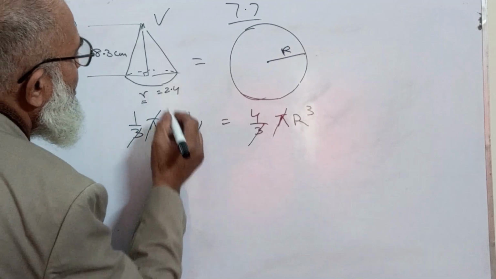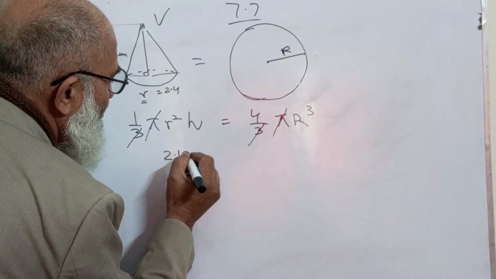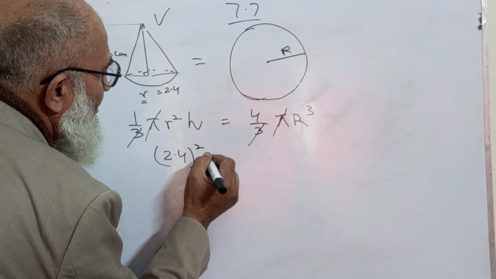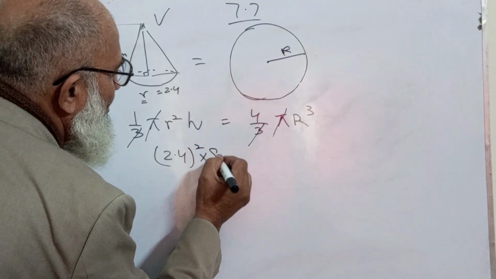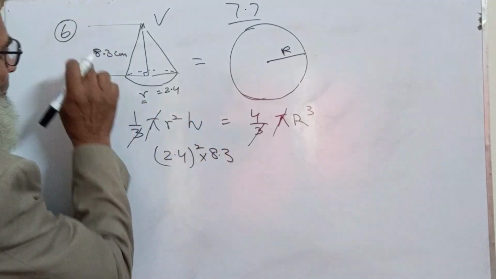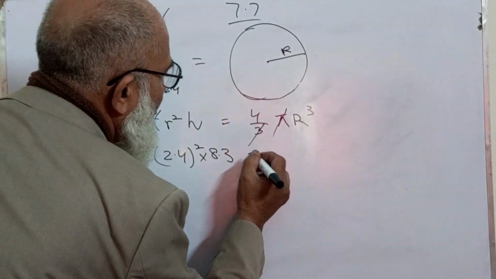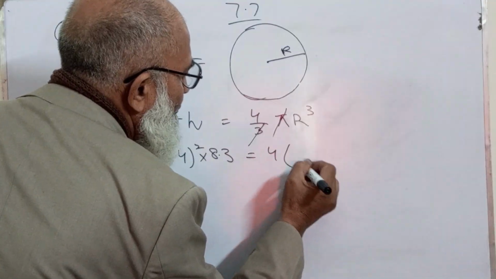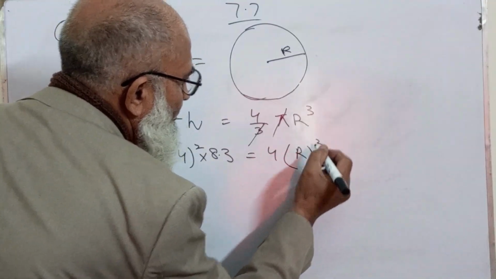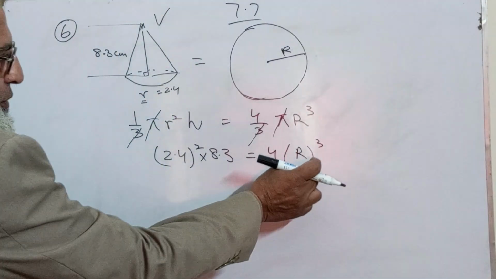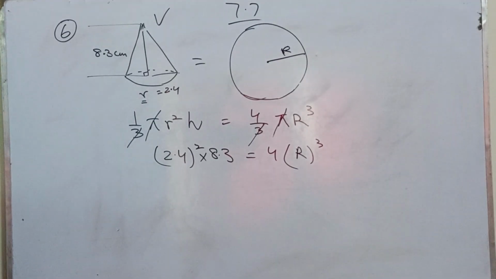Now this is r square, where r is 2.4, the whole square, multiplied by h, which is 8.3 over here. And that is equal to 4 into r cube. We don't know r over here; we have to find this r.